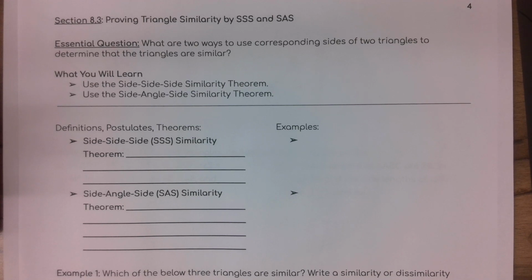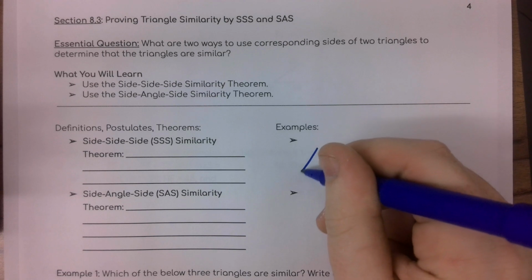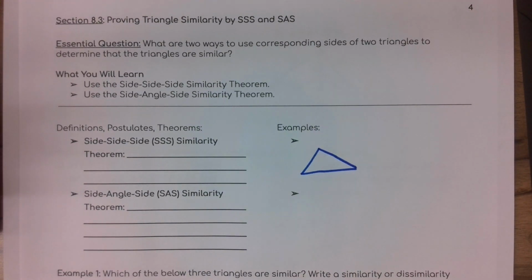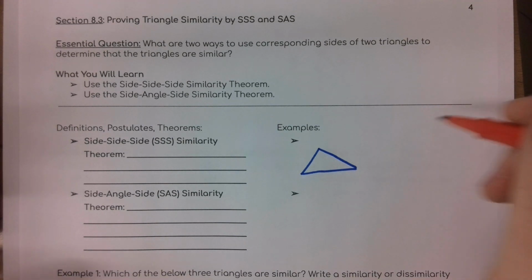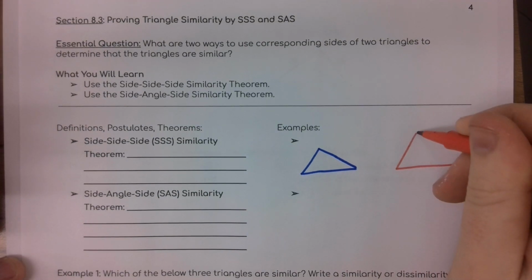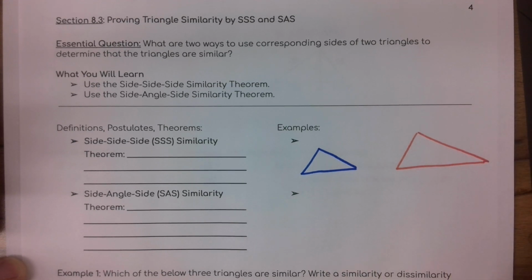So let's start with side-side-side similarity theorem. I'm going to draw a scalene triangle like so. And I'm going to draw a scalene triangle that we can assume is probably going to be similar. Like so. I'm going to also label these triangles for our reference.